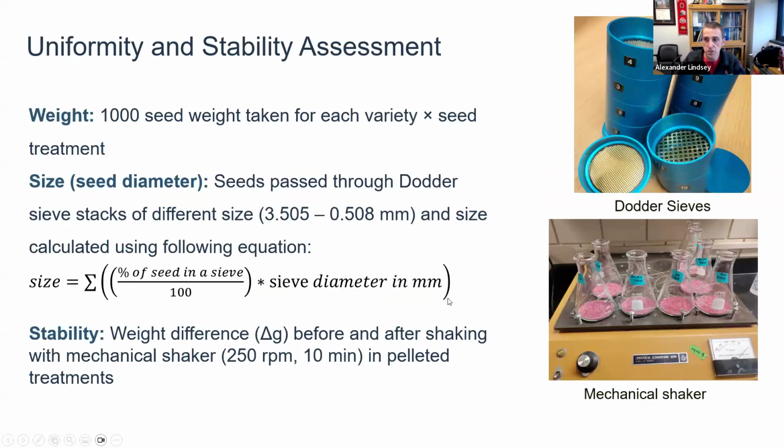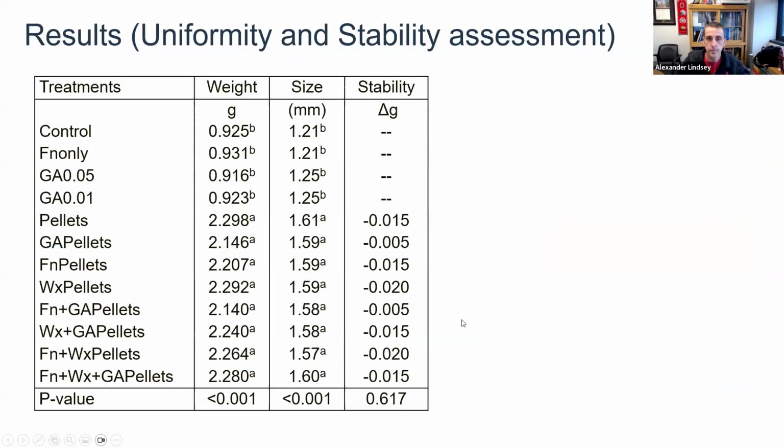To assess changes in seed weight after treatment, we weighed 1,000 seeds from each treatment and also used sizing to see how we increased seed diameters using nested daughter sieves to see if pelleting increased our seed size uniformly. The last thing we did was we agitated seeds on a mechanical shaker for 10 minutes to see if physical agitation negatively affected pellet integrity.